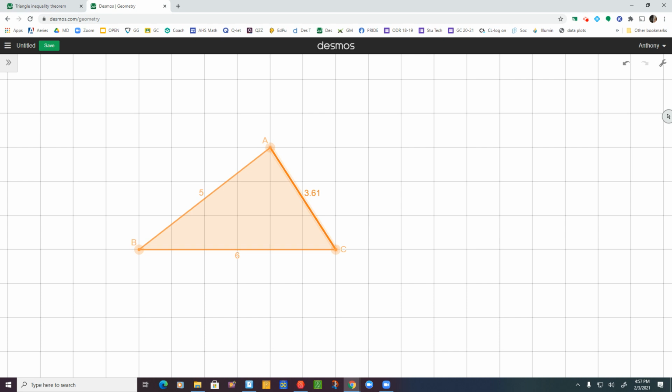Well, the 5 and the 3.61 are my smaller sides. That's my small and medium. They add up to 8.61. Is it possible for the largest side to be bigger than the other 2 put together?